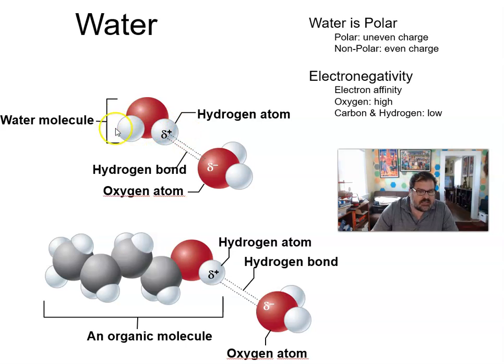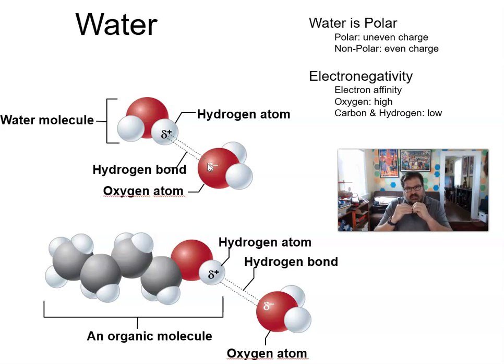So partial positive on the hydrogen side, partial negative on the oxygen side. And so because of that, and again, opposite charges attract, we've said that multiple times, this weak positive is attracted to this weak negative, and they form a very, very weak temporary bond called a hydrogen bond, right?